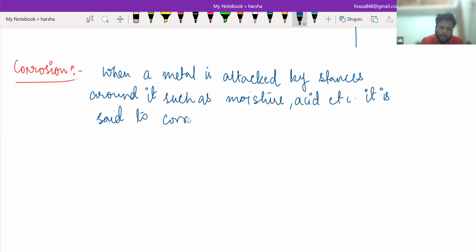It is said to be corroded, and this process is called corrosion.